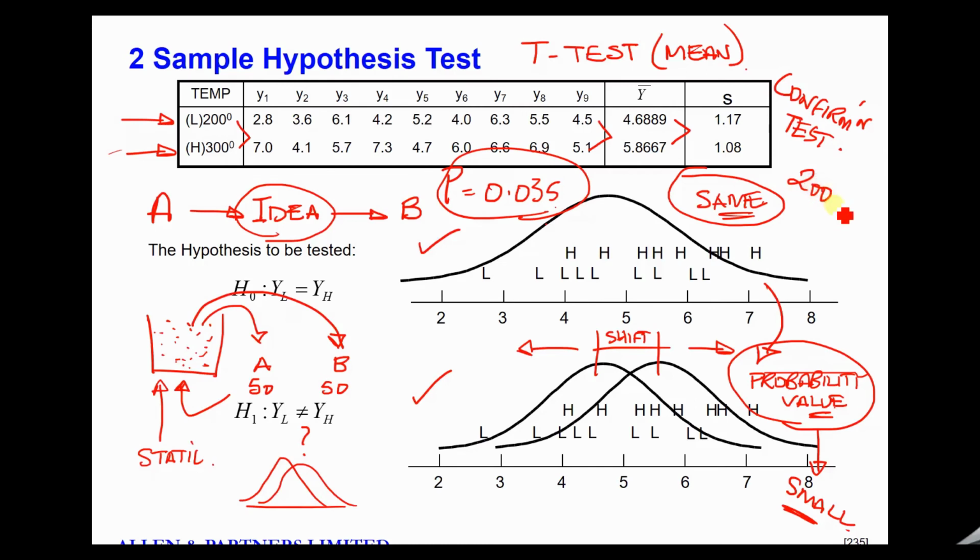Do one sample set at 200, one sample set at 300, and you are predicting that you will get a 1.2 point shift. I don't know what the scale is in this case. Let's say it's millimeters. You will get a 1.2 millimeter shift in the result. If you get something around the 1.2, the confirmation has worked and the knowledge is true.